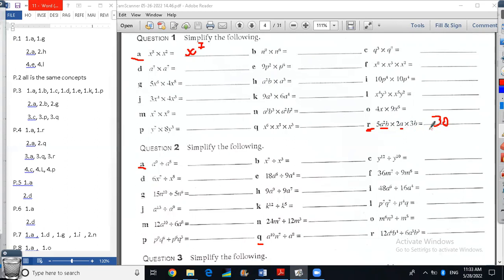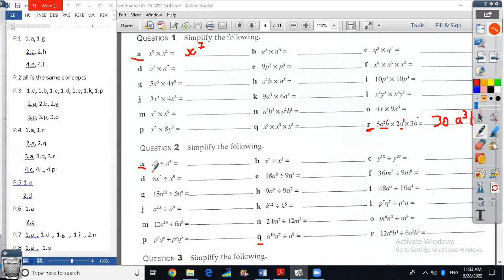Times b is a to the power of 3b squared. So I have here a's together. A squared times a is a to the power of 3. We're adding the powers. This is to the power of 1. Adding the powers is a to the power of 3. What about the b's? B times b is b squared. That's it. So it is 30, a to the power of 3, b to the power of 2.